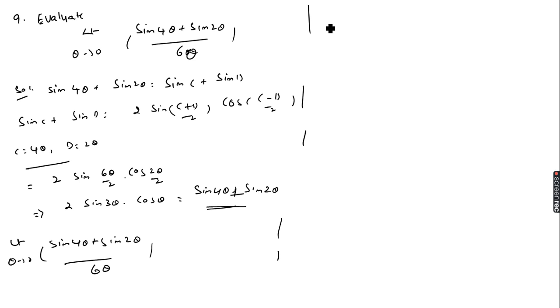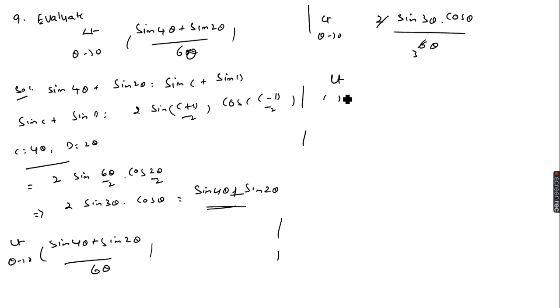So that is the limit as theta tends to 0 of 2 sin 3 theta into cos theta divided by 6 theta. 2 cancels with 6, leaving 3.